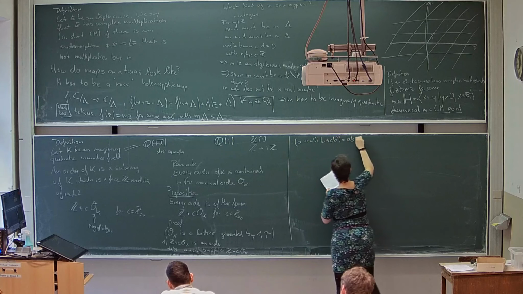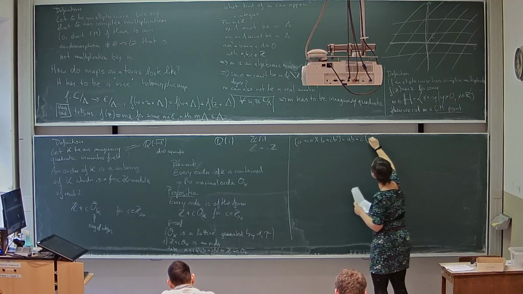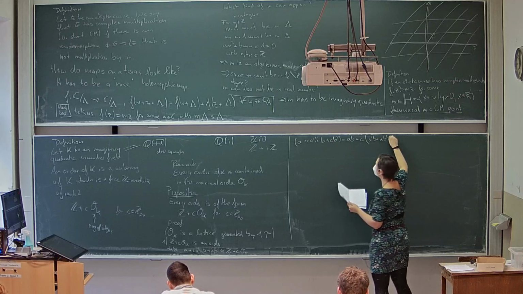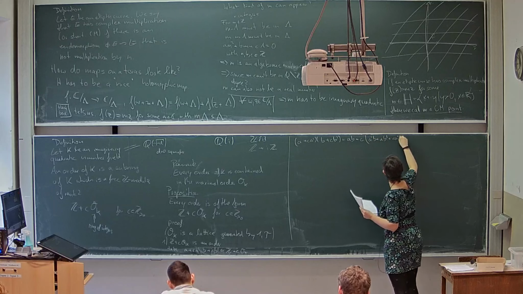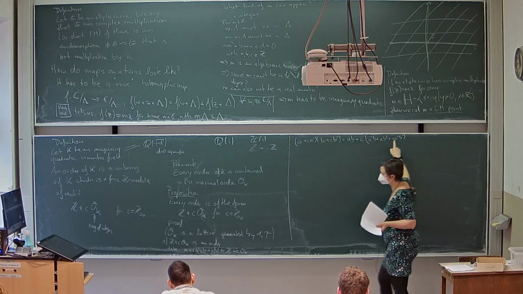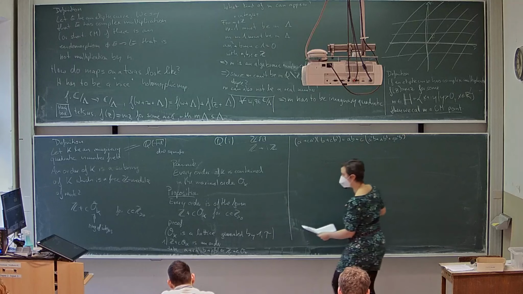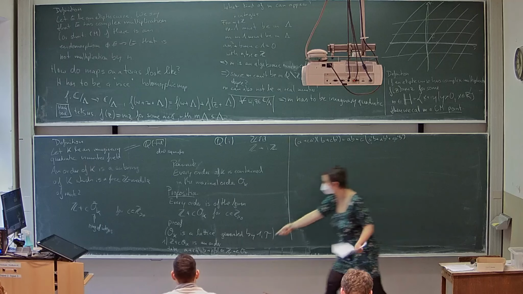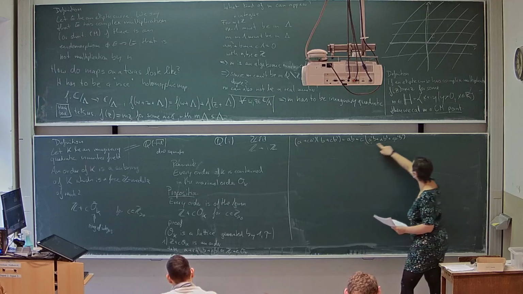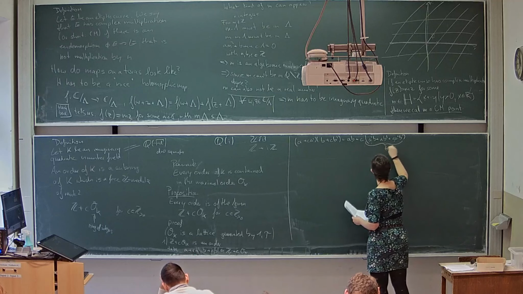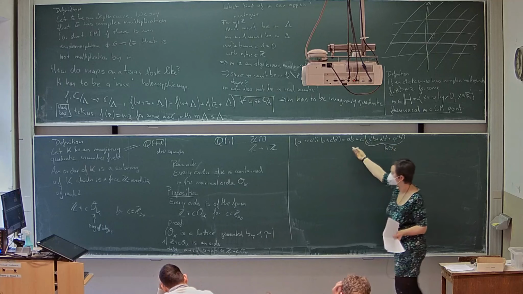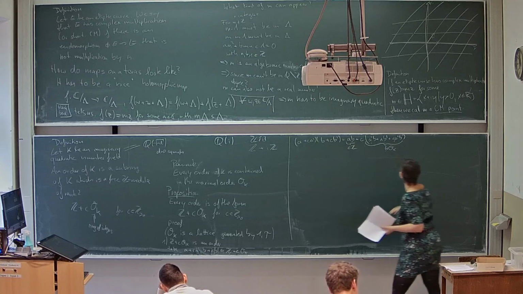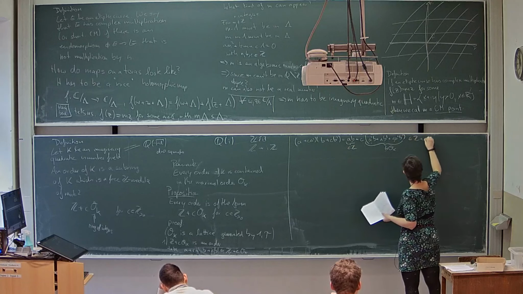We get AB plus C times (A prime B plus A B prime) plus C squared A prime B prime. And of course, since C is an integer, A prime and B prime are in OK, and since also integers are in OK, then this whole thing is in OK. Here's our C, and A and B are integers, so AB is also an integer. So this is in here.